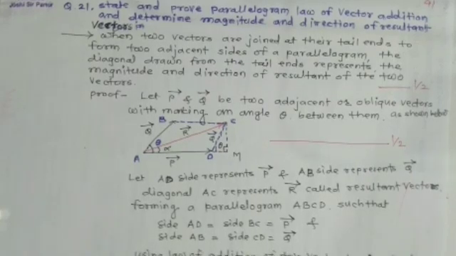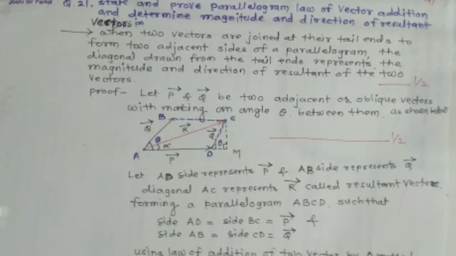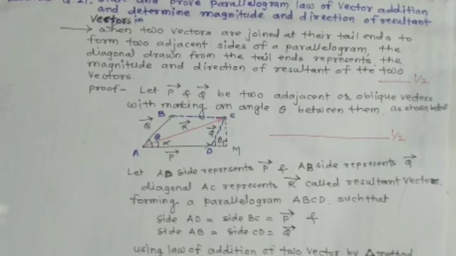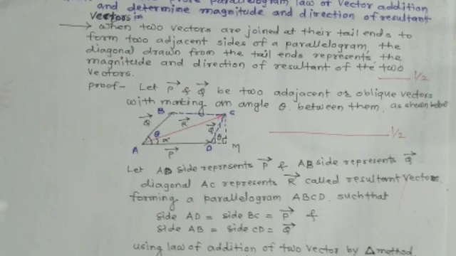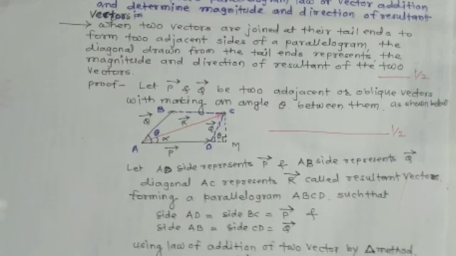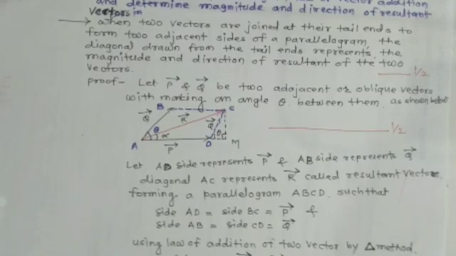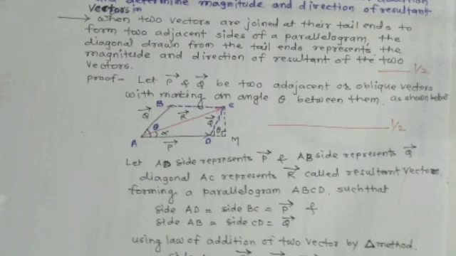When two vectors are joined at their tail ends to form two adjacent sides of a parallelogram, the diagonal drawn from the tail ends represents the magnitude and direction of the resultant of the two vectors.